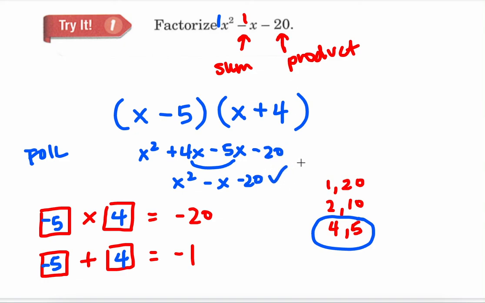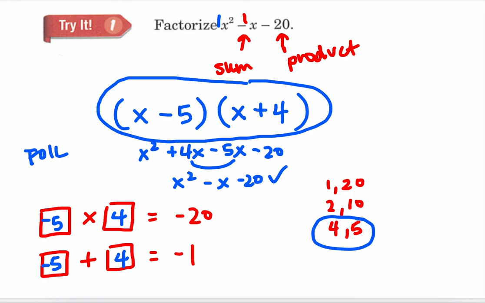Is that the same? Yes. So this right here is my factorization of x squared minus x minus 20. Okay, so you're just figuring out the two magic numbers that'll go into your binomial that have to meet both those conditions for product and sum.